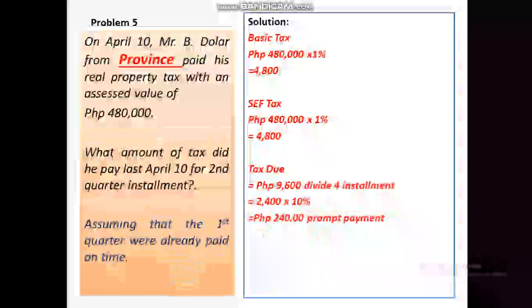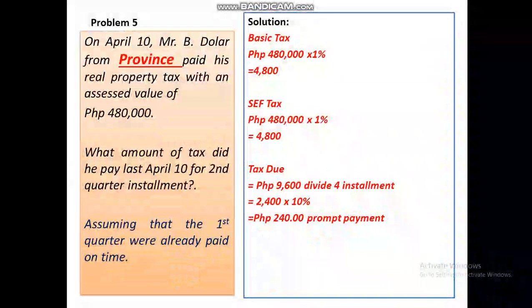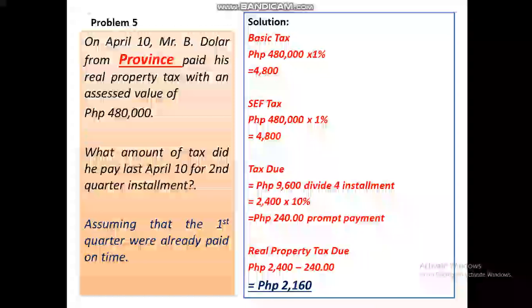Kasi nga, hindi pa natapos ang June 30 for the second quarter, ay nakabayad po siya ng as early. Kaya ganun po yun. So, 2,400, kaya kukunan po natin ng 10%, which is 240, is equivalent to 2,400 minus 240. Ang babayaran po ni Mr. Bidular na tax during that day or April 10 is only 2,160 instead of 2,400.